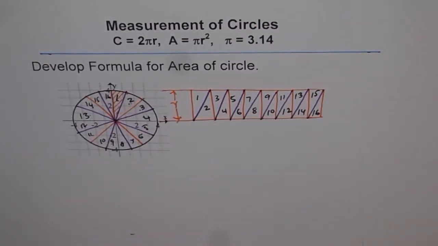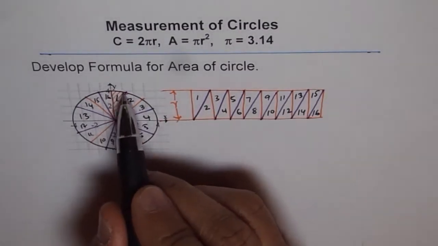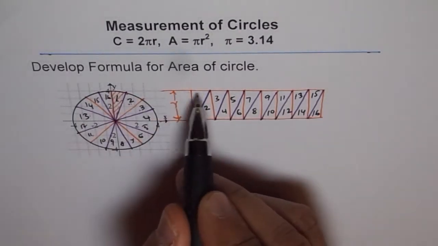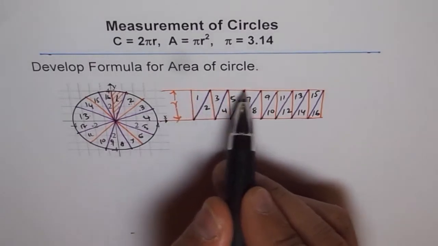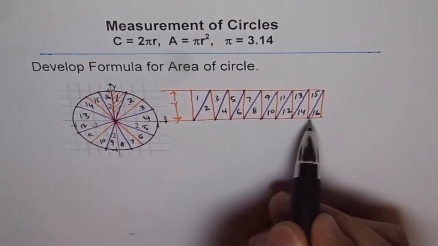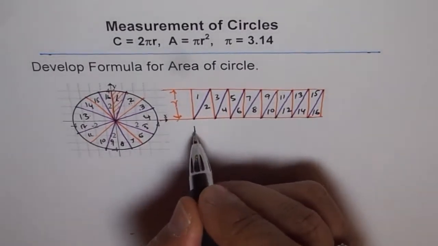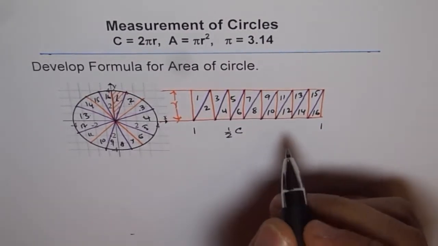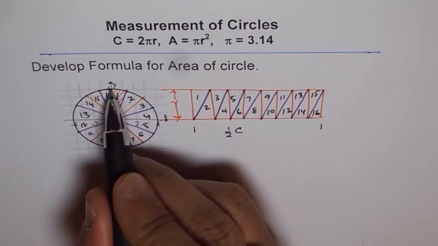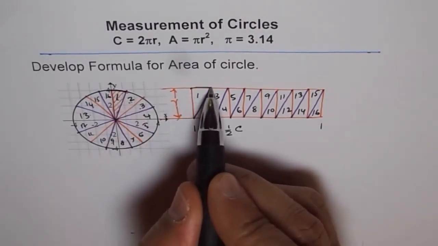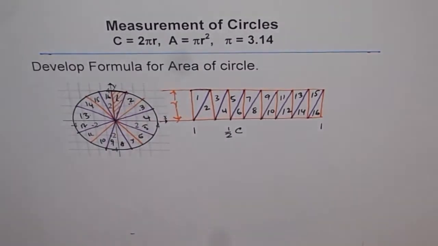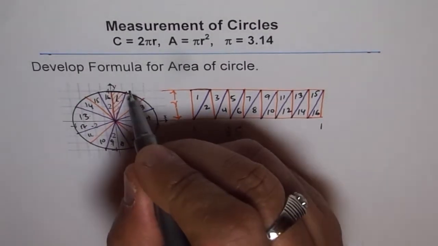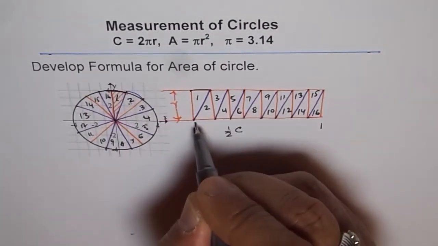Correct? You will notice that the total circumference is represented here. Half on this side and half on the other side. Correct? That means that this length is half the circumference, right? Because half of this side is on this side and the other half, let me use another color, the other half, let's say this half comes on this side.